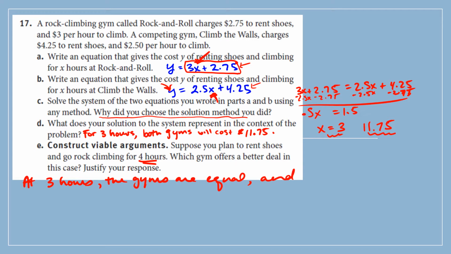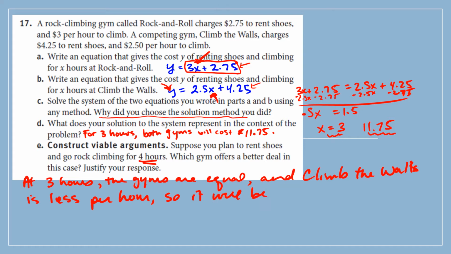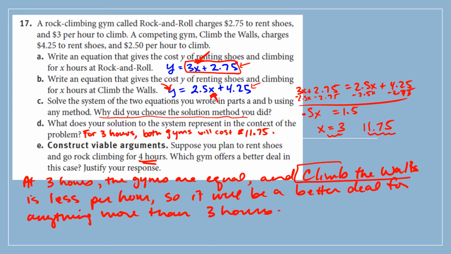So climb the walls is less per hour, so it will be a better deal for anything more than the 3 hours where they match. So you would pick climb the walls. It would be cheaper by 50 cents for that extra hour.